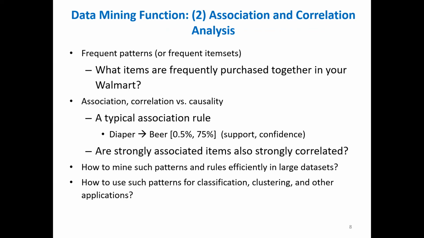Now, the second function of data mining is association and correlation. This is very important when we are dealing with the marketing discipline, or handling mall data sets where lots of accessories are available.